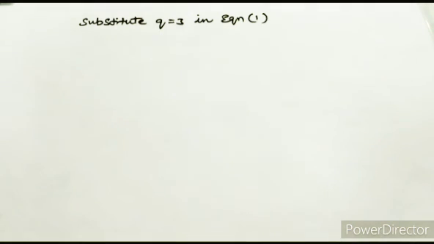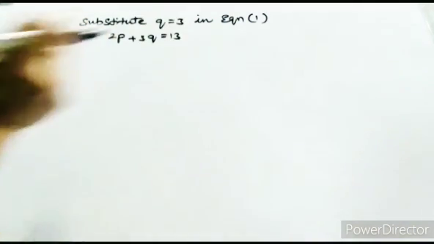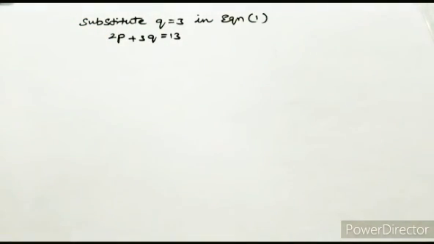After getting the value of q, substitute the value of q in equation 1. You can substitute q equal to 3 in equation 1 or equation 2. I am substituting in 2p plus 3q is equal to 13. Just move back in the video so that you can see the equation, because the board is smaller and I was unable to write the whole solution on a single board.